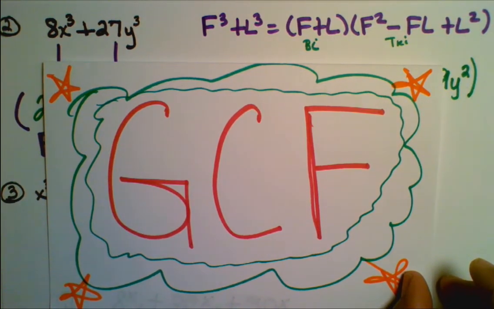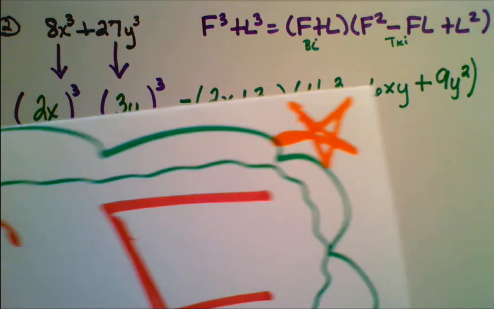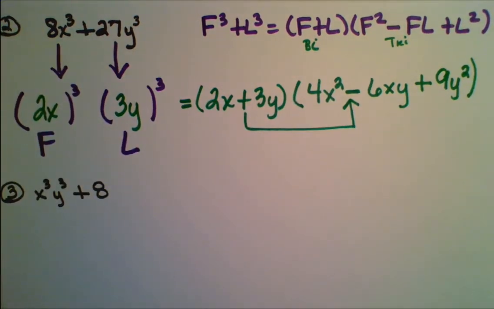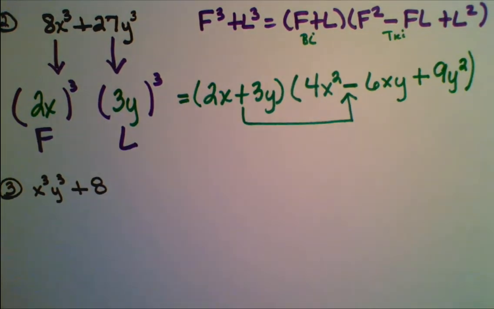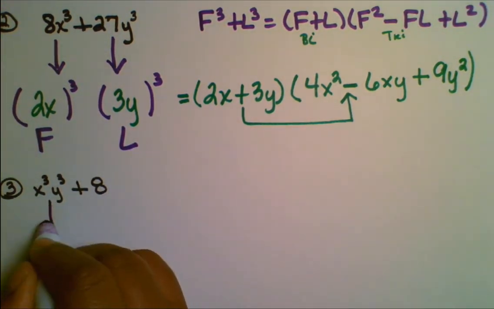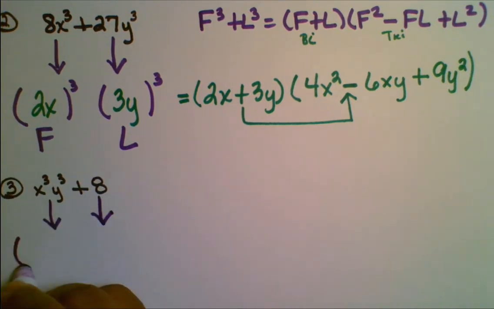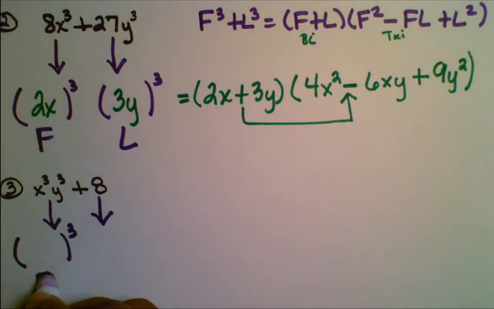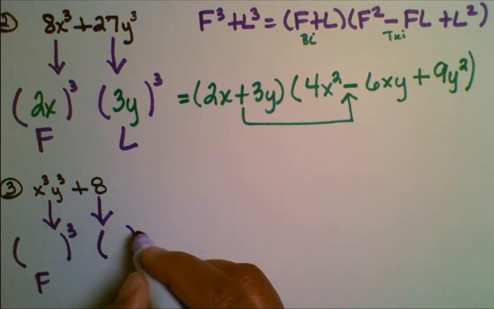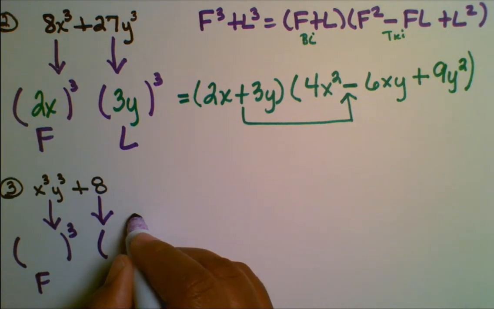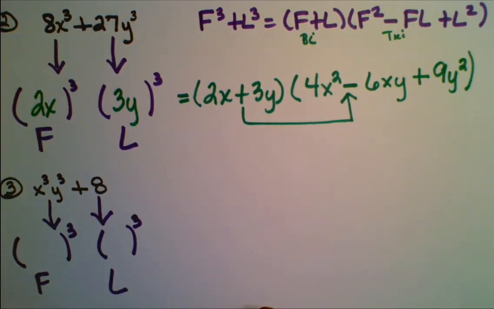Okay, so looking at the next example, number 3, x cubed y cubed plus 8. There is no GCF that can be factored out, but this is a perfect cube question. So we want to find that one number that when we cube it will give us the first term, and then that one number that when we cube it will give us the last term.